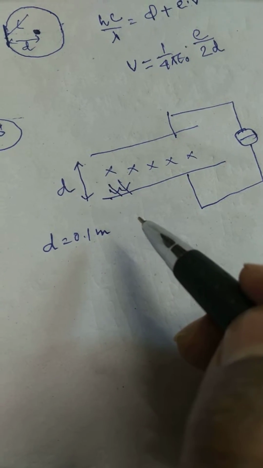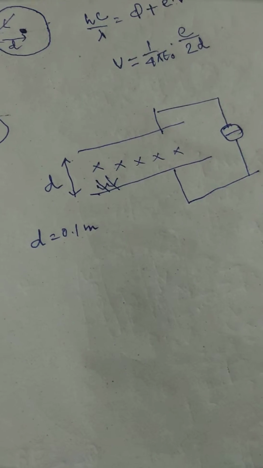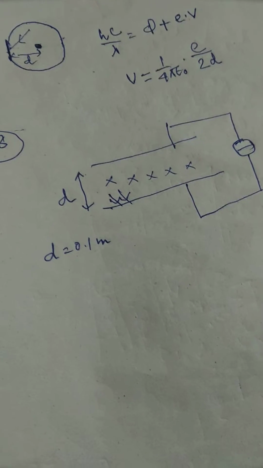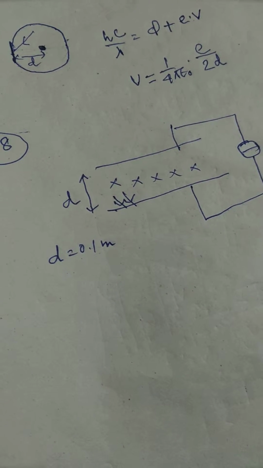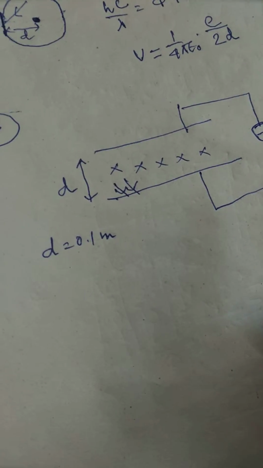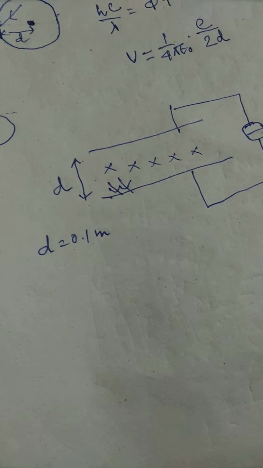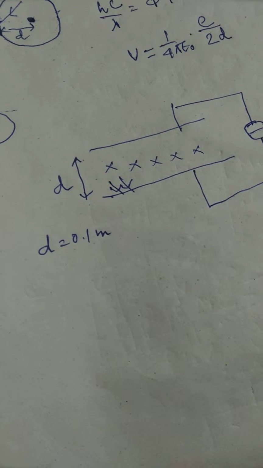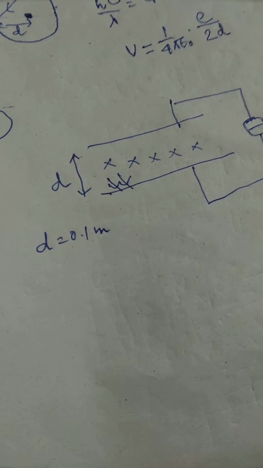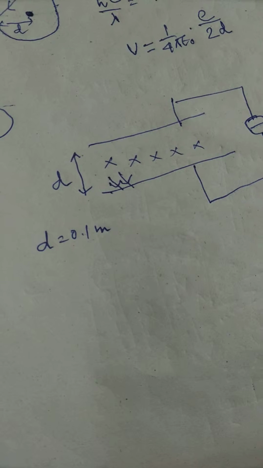Okay, so they have asked the minimum value of B for which the current registered by the ammeter is zero. Look, there is a range of wavelength between 400 nanometer and 600 nanometer. So obviously having less wavelength means having more energy.